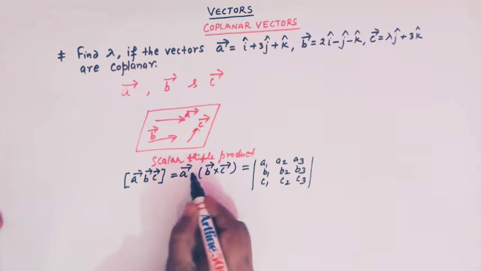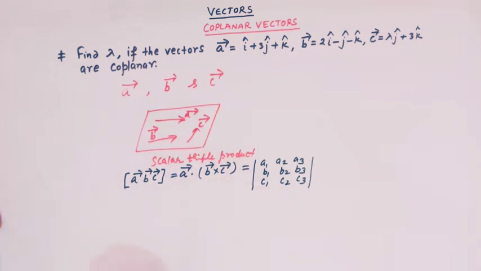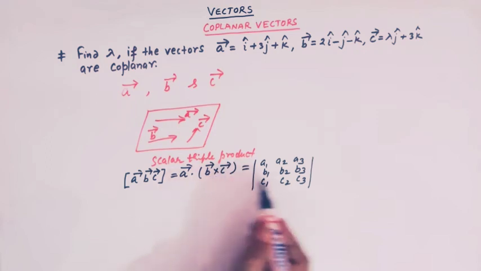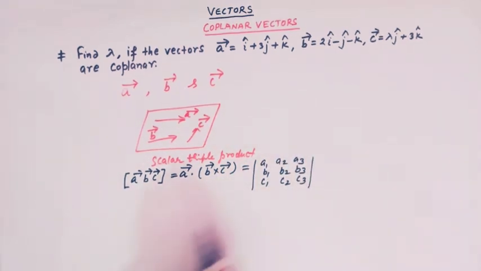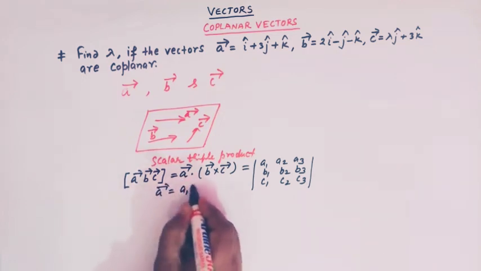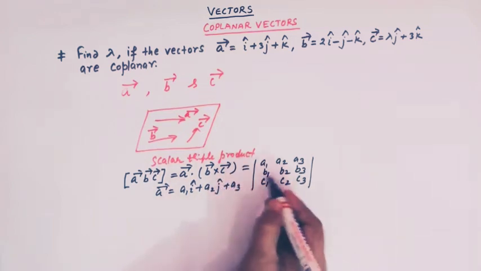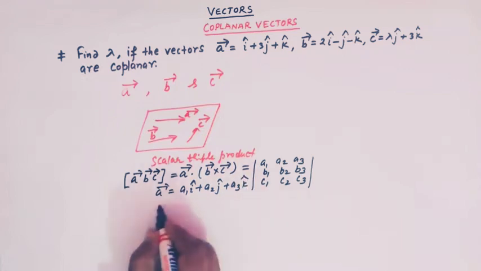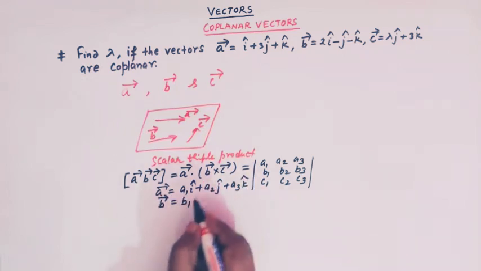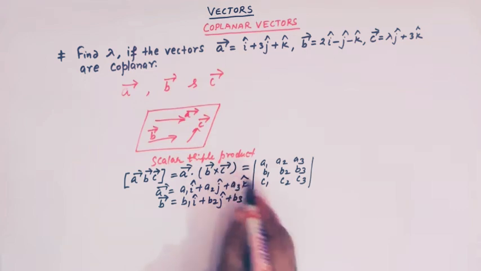So the dot product of vector a and the cross product of b cross c, that is the vectors b and c. So the value of a dot b cross c is given by this determinant, where a1 a2 a3 are the components of vector a, and b1 b2 b3 are the components of vector b, and c1 c2 c3 are the components of vector c, right?